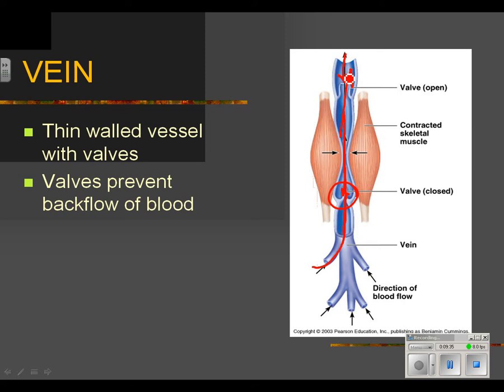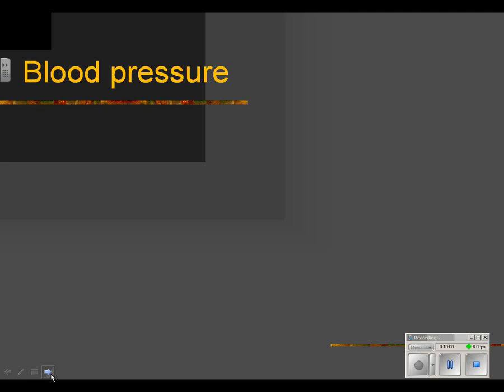Then they'll move their legs around, or sometimes they'll put on those squeezy tight things to help squeeze the veins and help blood to flow along. But a real problem that humans have had to overcome is gravity, and one of the ways is with valves in the veins. And again, veins carry blood back to the heart.